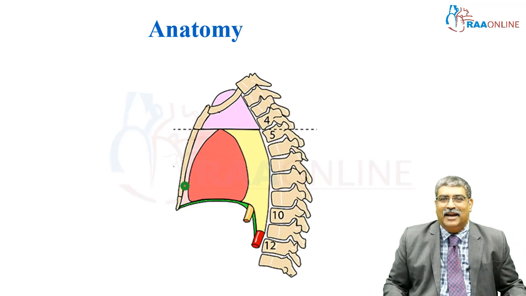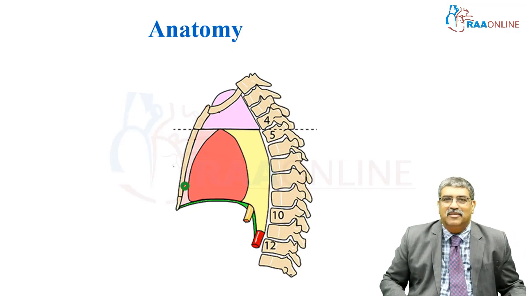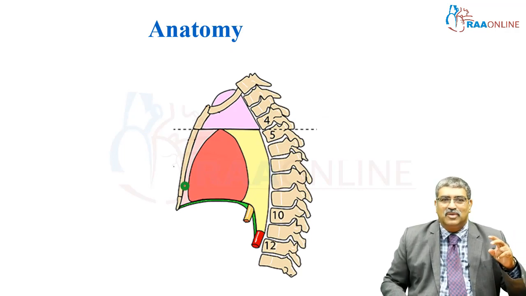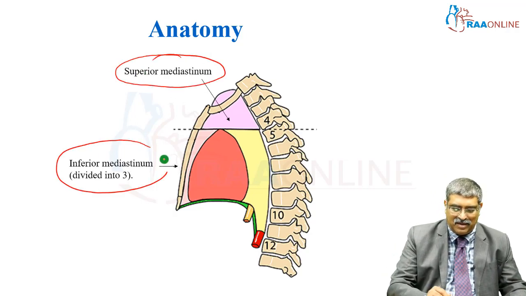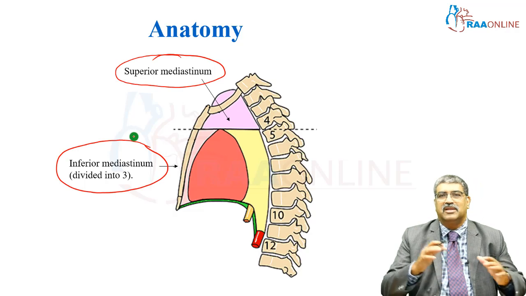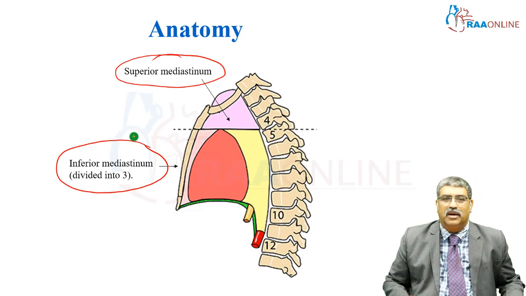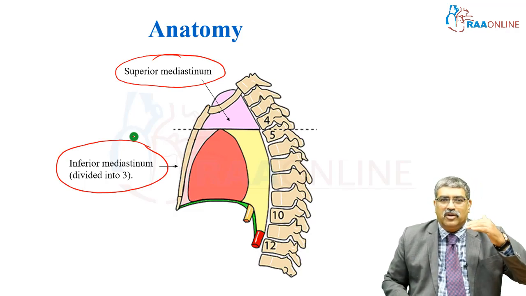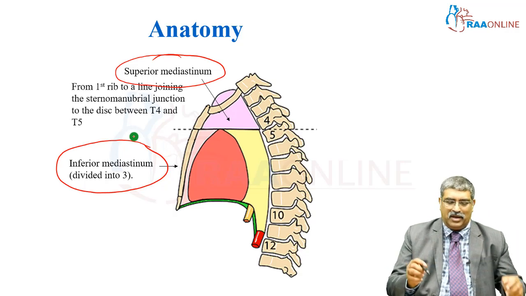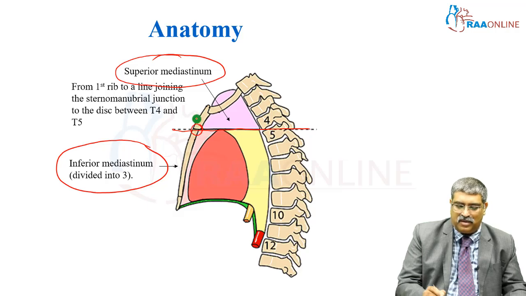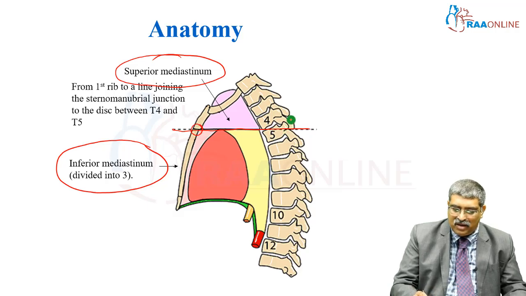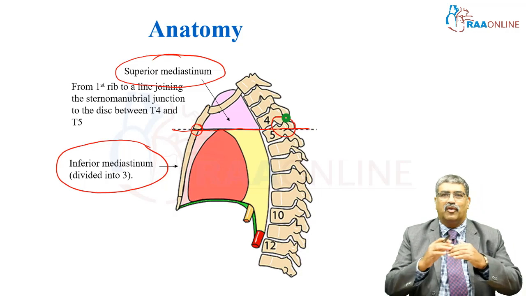Coming to the anatomy, the mediastinum is divided into superior and inferior mediastinum. The inferior mediastinum is again divided into three parts. The division between superior and inferior mediastinum is a line from the first rib at the sternomanubrial junction to the disc between T4 and T5.